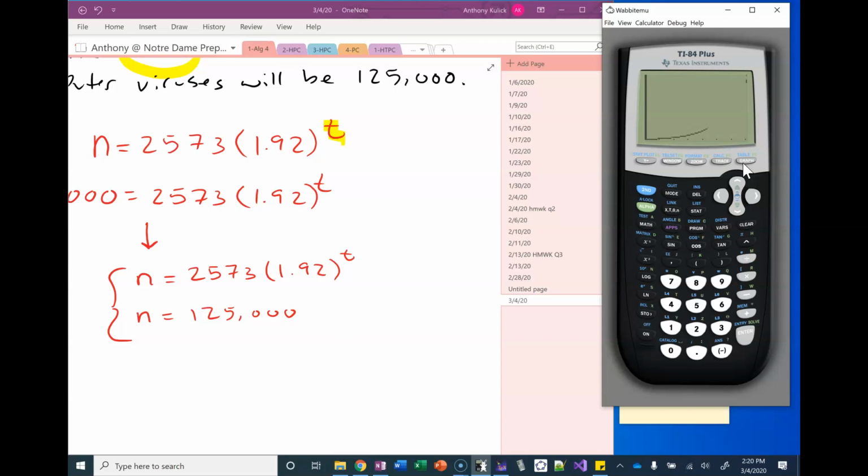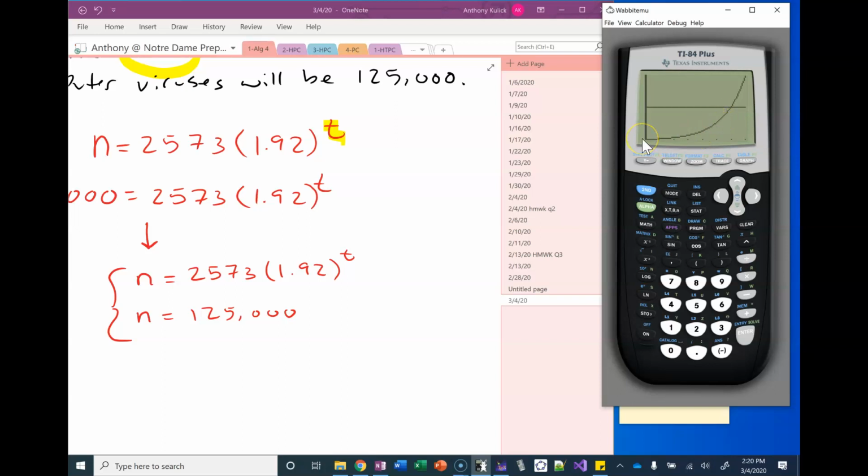So here this curve is the exponential growth function, and this straight line is my 125,000. So the point that I'm looking for, the intersection, is right there where my arrow is, right? Let's have the calculator find that point for us now.